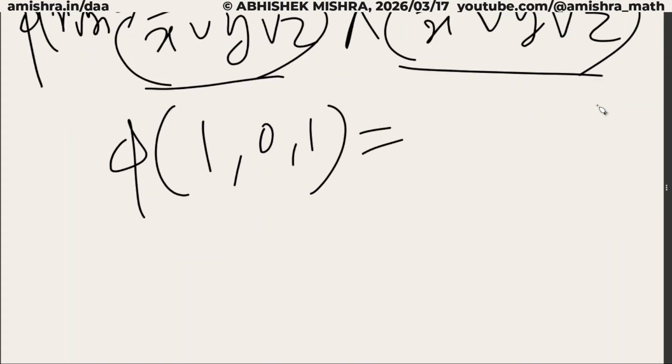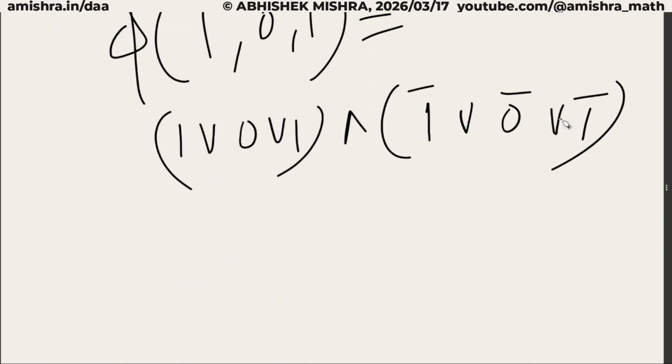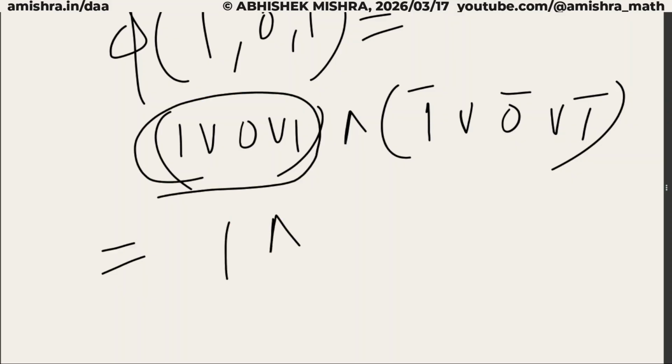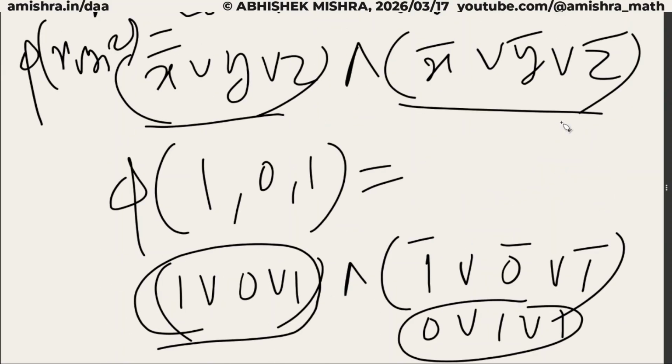We can see that this is 1 or 0 or 1, and not 1 or not 0 or not 1. So this evaluates to 1, and this is 0 or 1 or 1, so this also evaluates to 1. So this is an example of a Boolean formula which is in 3-SAT.